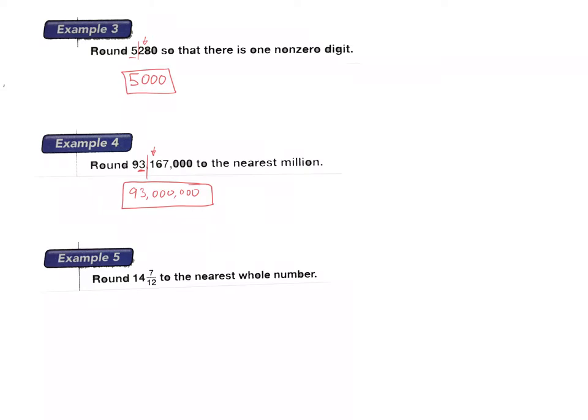And now, example 5 says round this to the nearest whole number. So I don't want any decimals or fractions. And I'm trying to just figure that out. I have 7/12. What I have to think about is what is half of 12? Half of 12 is 6. So 6/12. So I'm trying to decide, is 7/12 bigger or smaller than the 6/12?